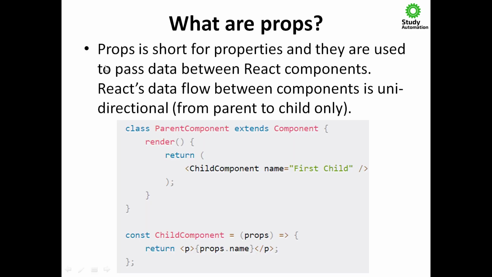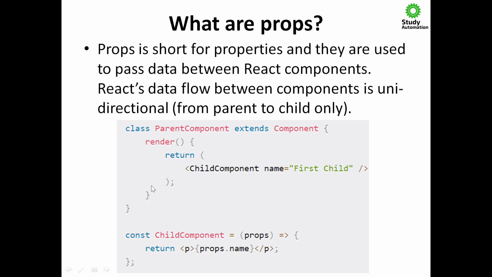Whenever we work with React.js, there are two major things that we need to understand: props and state. Props is short for properties, and they are used to pass data between React components. React's data flow between components is unidirectional, from parent to child only, and that communication happens between parent and child using props.